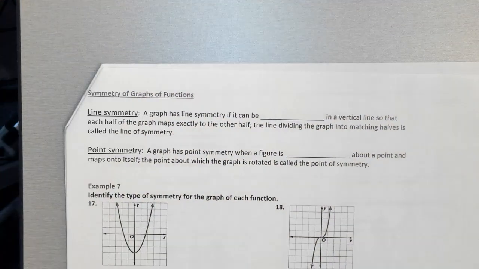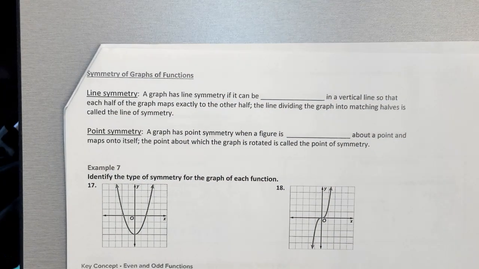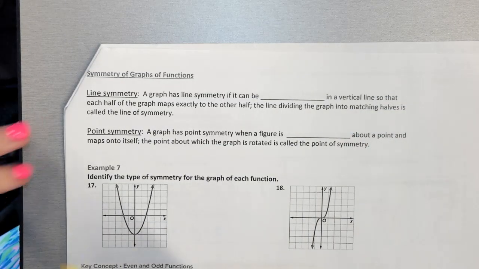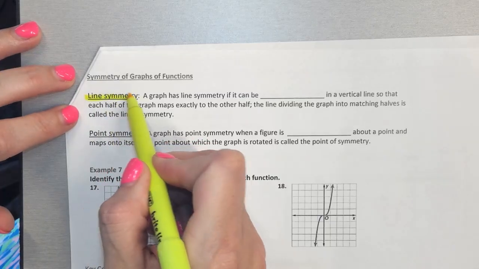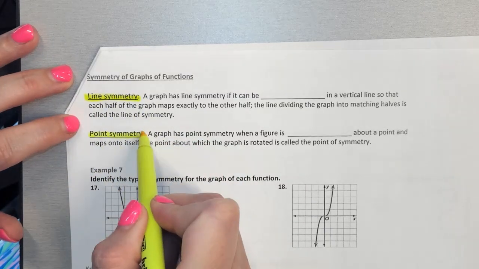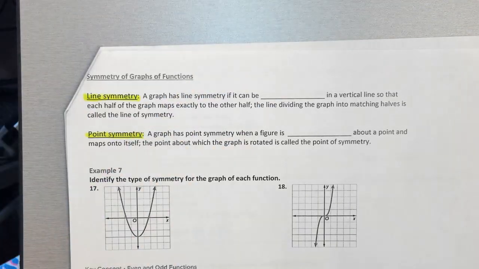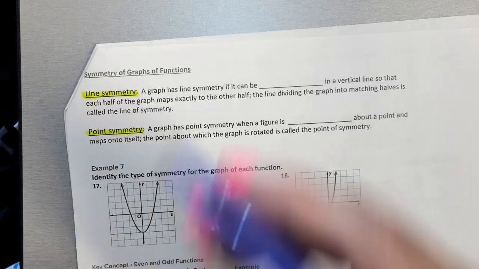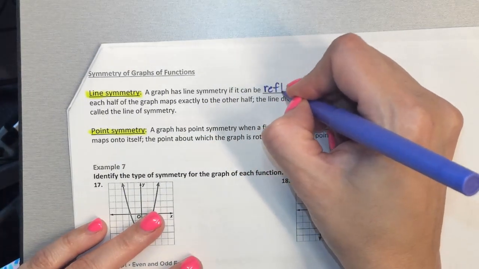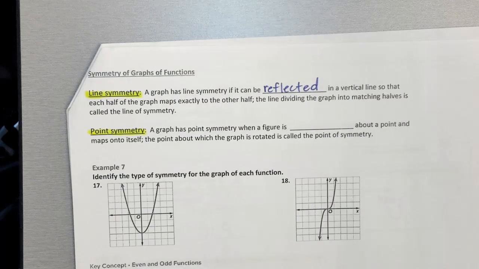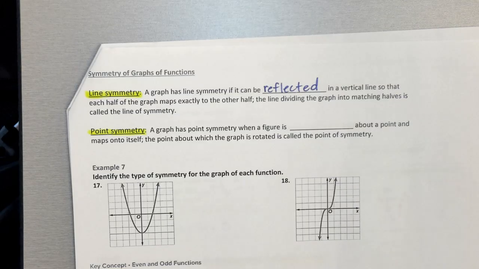All right. The next thing we're going to talk about is something that you have at least briefly seen in geometry. This is called line symmetry and point symmetry. A graph has line symmetry if it can be reflected in a vertical line so that each half of the graph maps exactly to the other half.